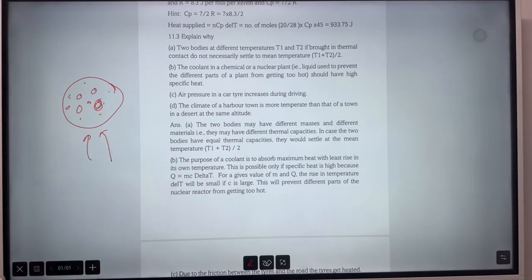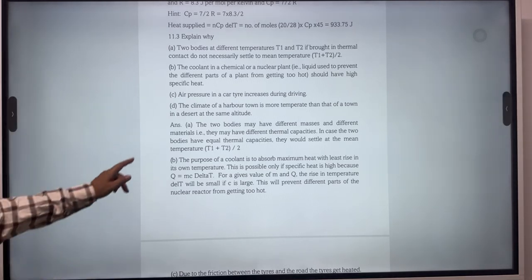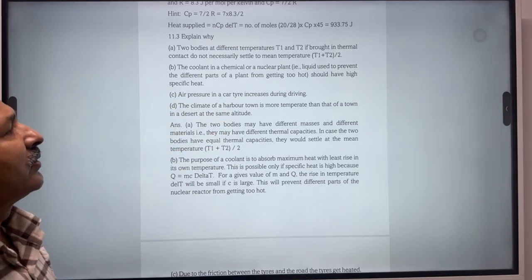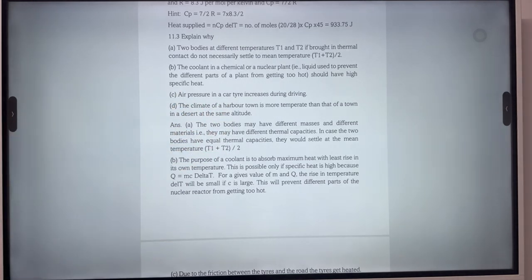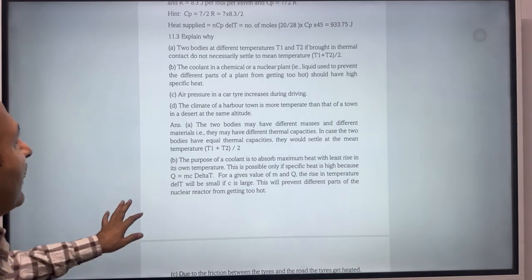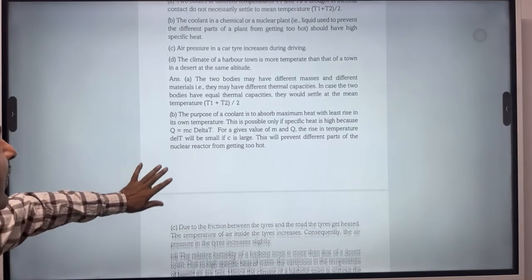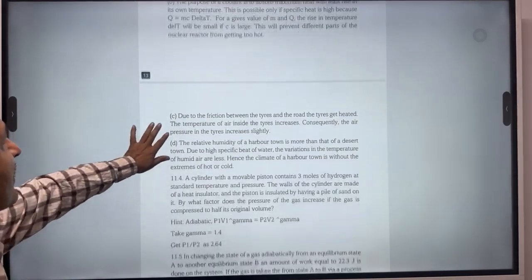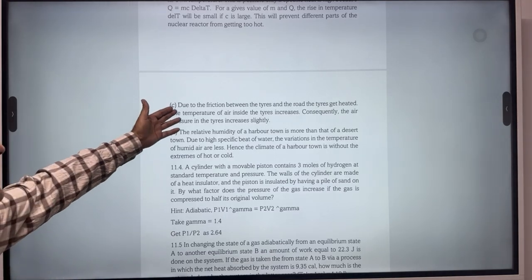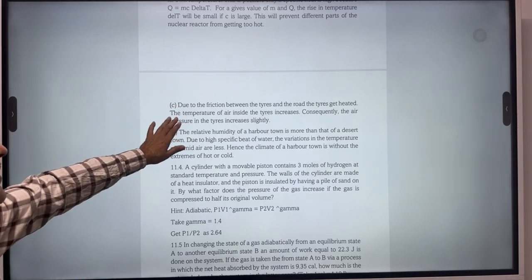Since there will be friction between road and the tire, so temperature will increase and hence internal energy will increase, and thereby more collisions will be there with the tire, and then obviously it will cause increase in pressure.